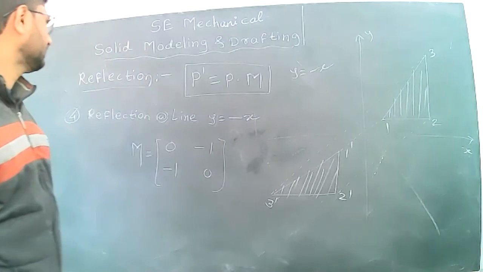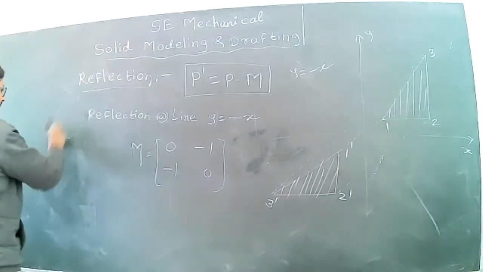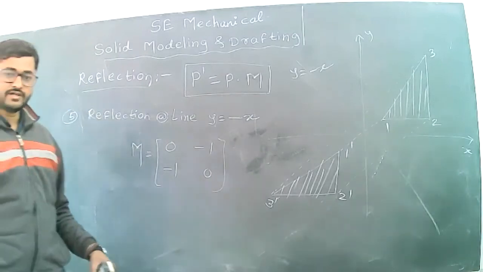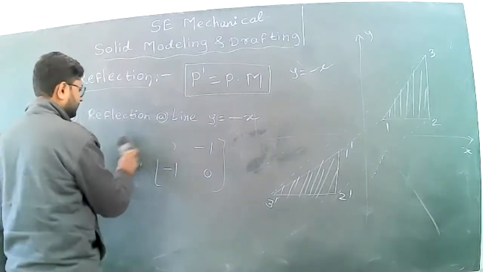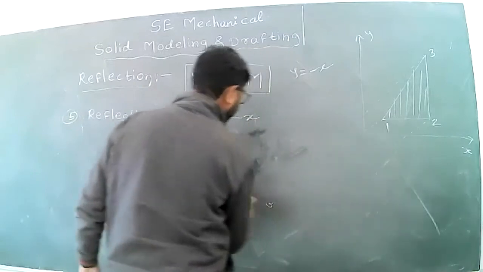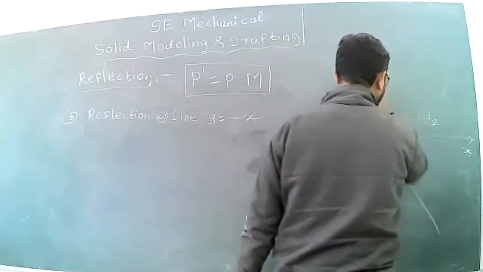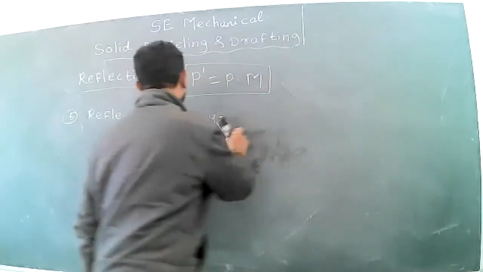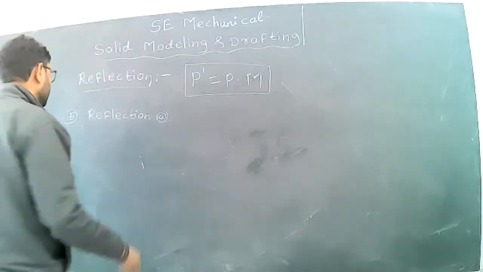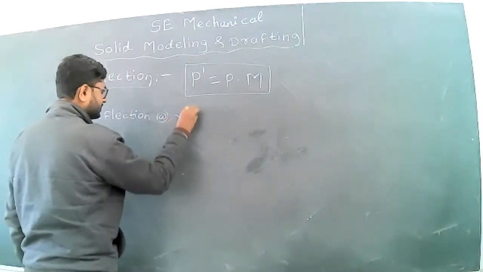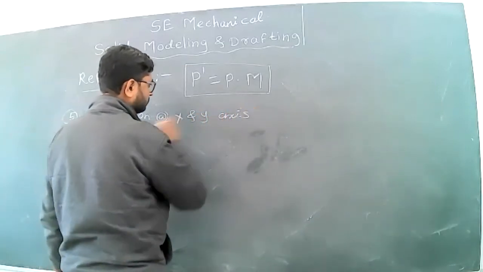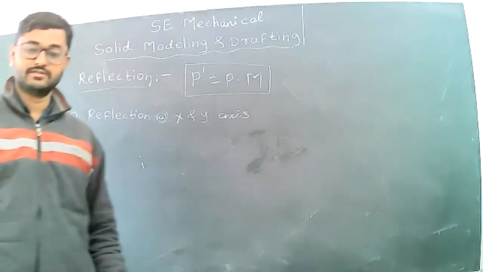And the last condition of reflection is reflection about both axes. Both axes means reflection about the x and y axis.